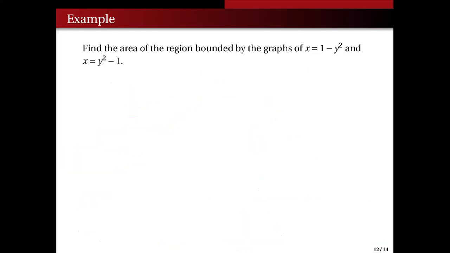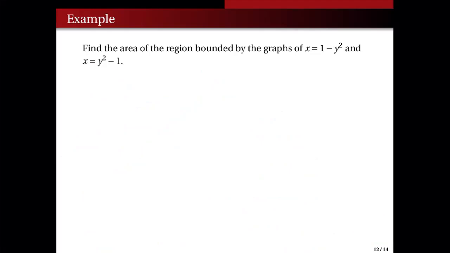Let's have another example here. Find the area of the region bounded by the graphs of x equals 1 minus y squared and x equals y squared minus 1. So the graphs or the functions here are x in terms of y.